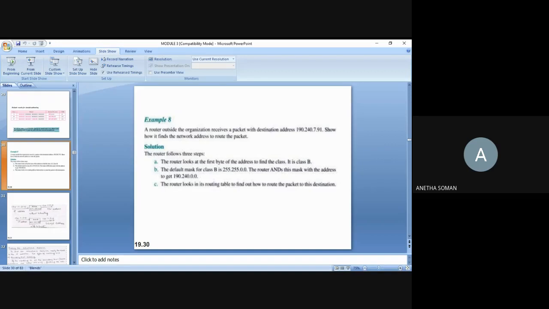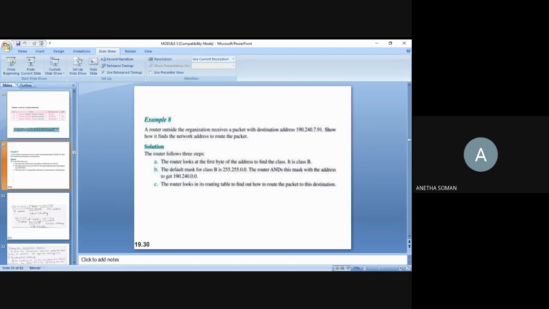So you obtain the corresponding network address 190.240.0.0. The router will look into the routing table to see if the network address is available, and it will route the packet based on the network address.